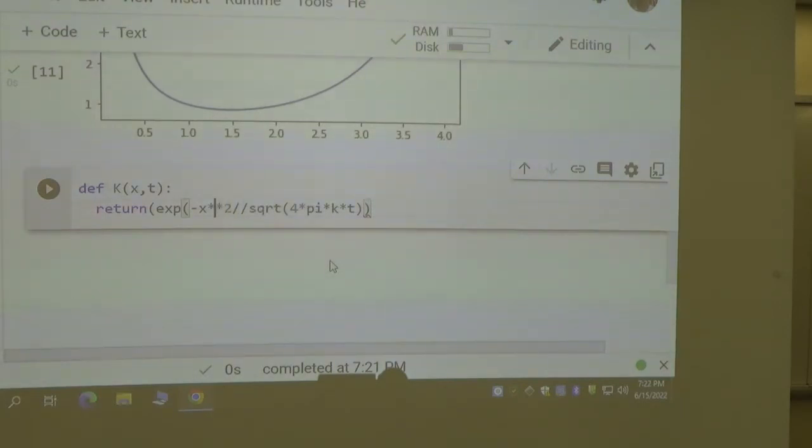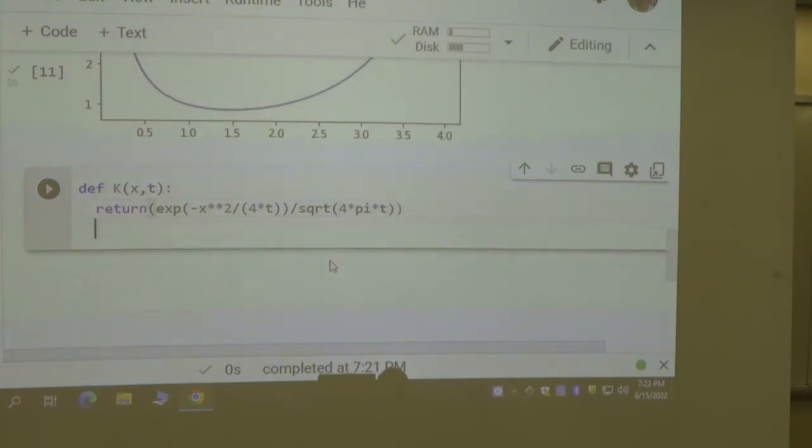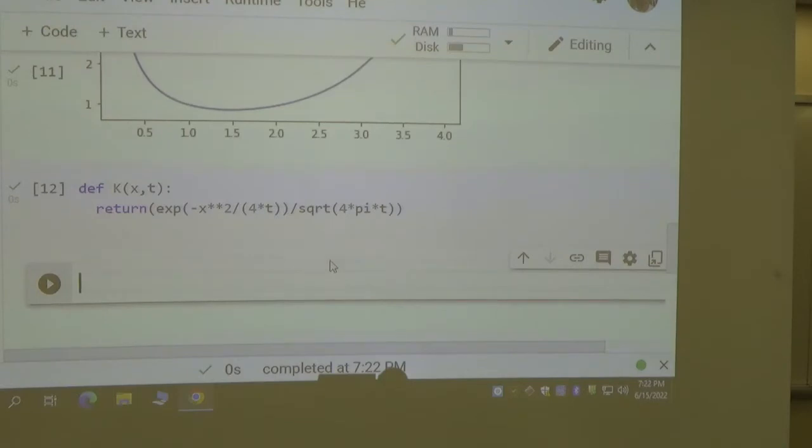Over 4kt, right? 4 times k times t. And oh, you know what? Let's just make k as 1 because we just want to look at the value, right? So this is that. Should be good. Okay, good. So define that, and then we're going to plot it.